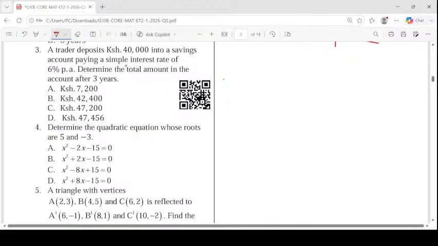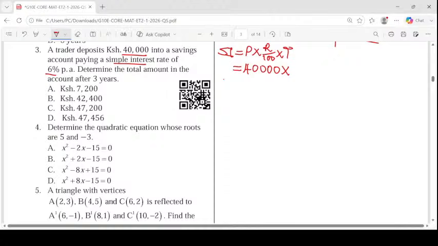First of all, this is a simple interest question. We know that simple interest is given by principal multiplied by the rate over 100 times time. So the principal is the money deposited, so that will be 40,000 multiplied by the rate.